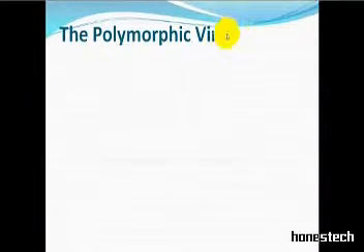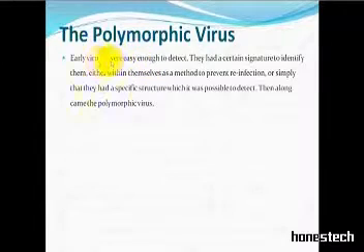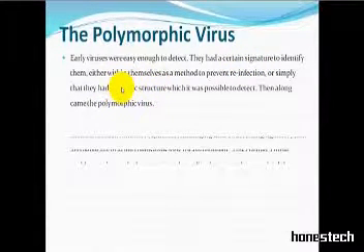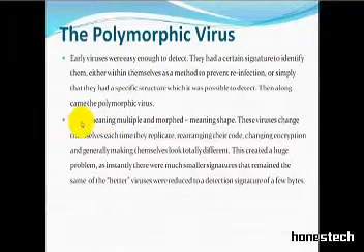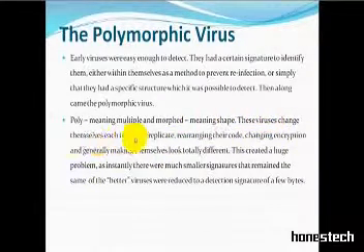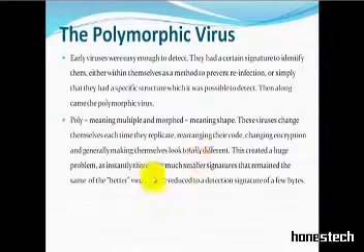The polymorphic viruses. In early days, viruses were very easy to identify because they had a certain signature or a predefined structure. But as the name implies, poly meaning multiple and morph meaning shape, these viruses change themselves each time they replicate, rearranging their code, changing the encryption and generally making themselves look totally different.